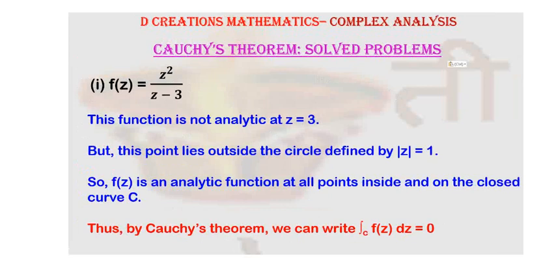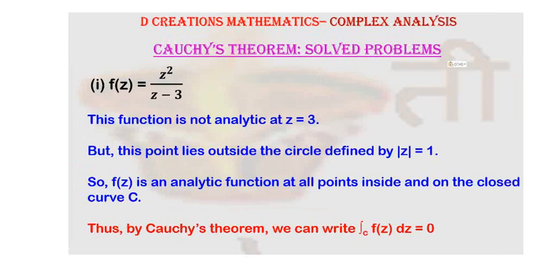So if you consider this point z is equal to 3, it is not going to lie inside or on C. In fact, it is going to lie outside C. So even if this function is not analytic at z is equal to 3, since it lies outside C, our condition for Cauchy's theorem, which is that f of z is an analytic function at all points inside and on the closed curve C, is still satisfied. So directly we are able to note the answer to be 0.